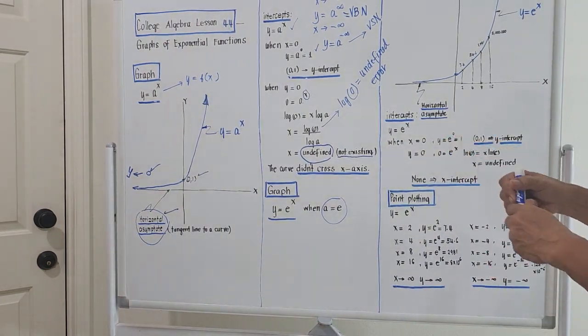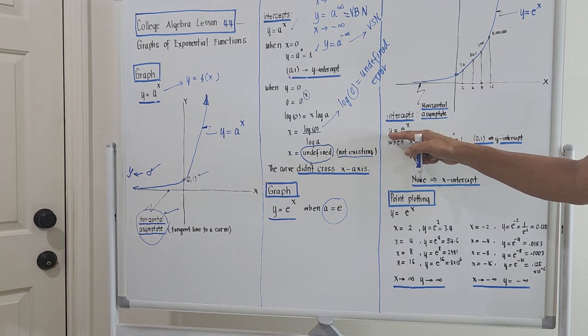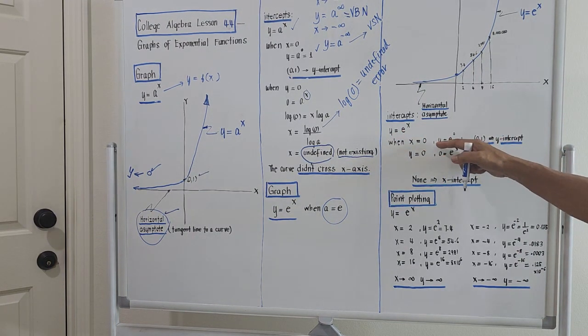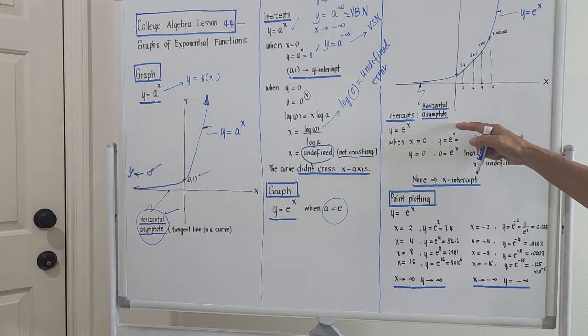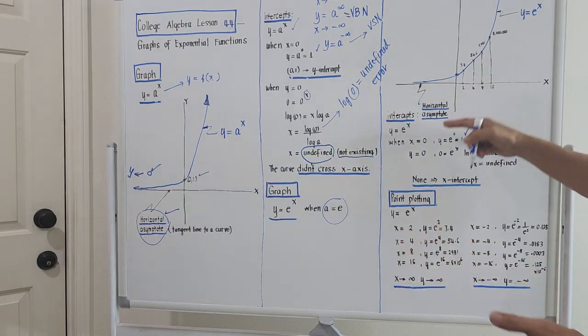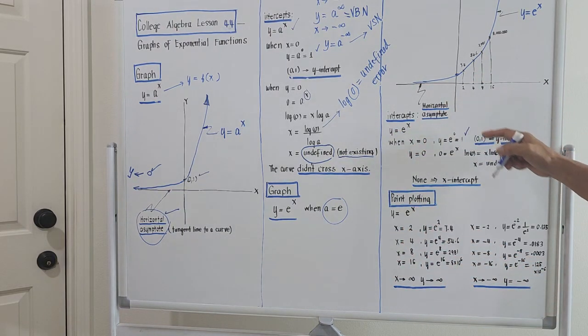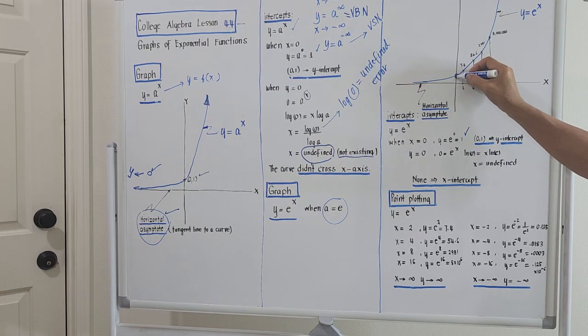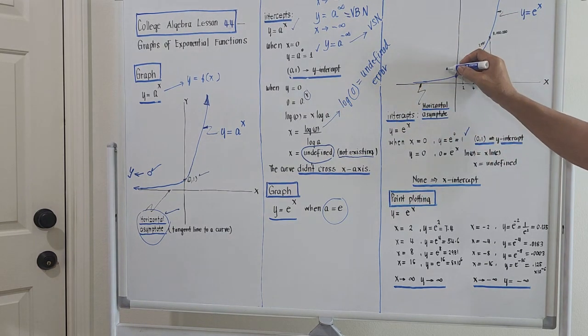We compute for the intercepts. For the equation y equal to e to the x, when x is 0, y will be e to the 0, and e to the 0 is 1. So again, the curve y equal to e to the x crosses the y-axis at 0 and 1, same as the other one.